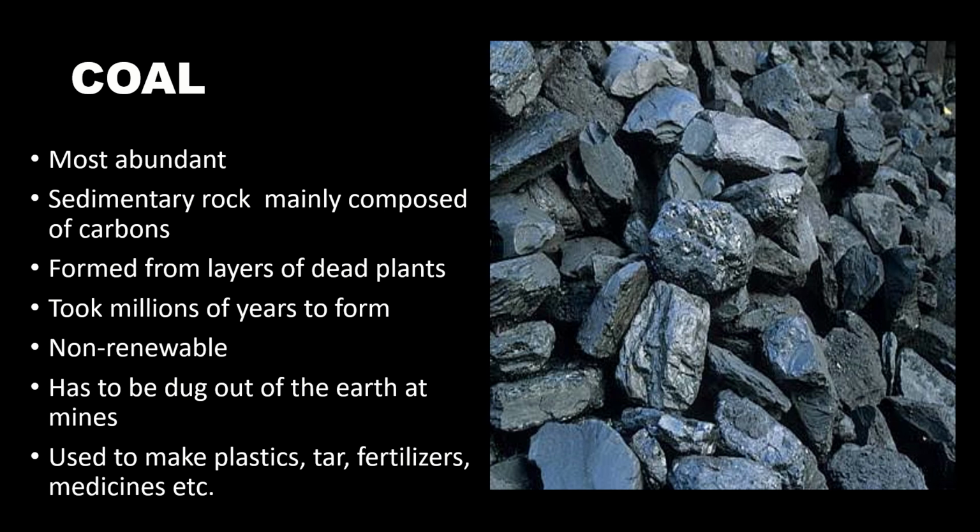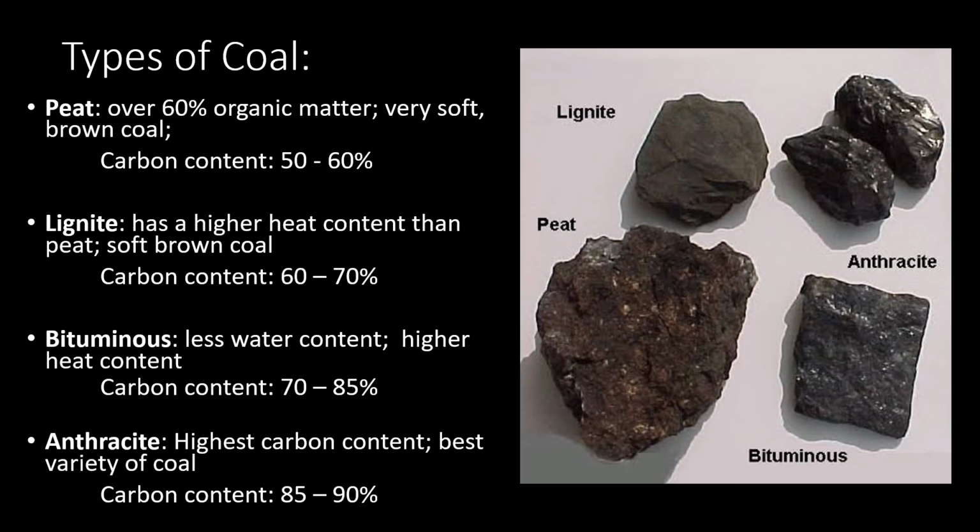The earliest trains, which used to run on steam, used coal to generate steam. And people have been using it all over, at homes, in industries, in factories, for transportation and so on. So we have four different types of coal: peat, lignite, bituminous and anthracite.